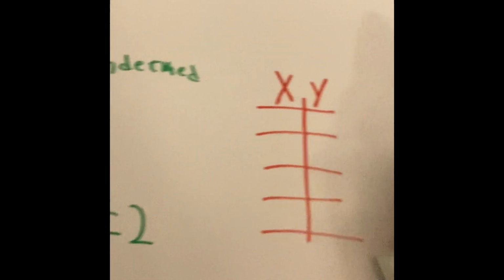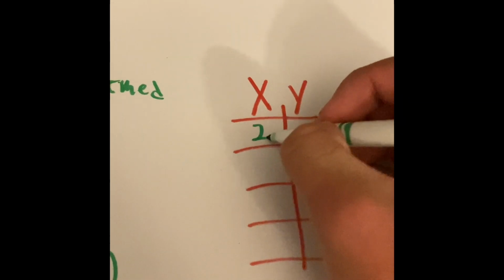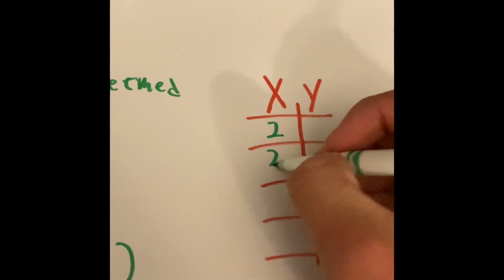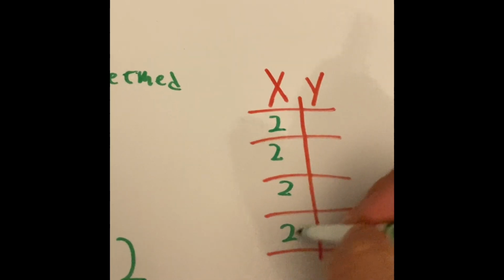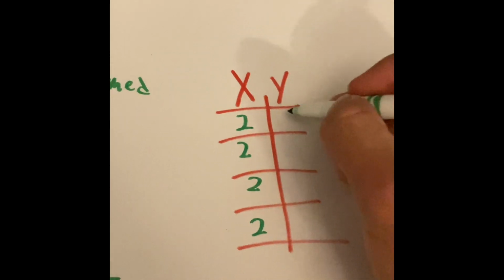Pretty much because it's not touching the y-axis. And if you even try to put it in a ratio table, everything that you insert in for x will always become that number. And usually not, but this time y gets to be creative.